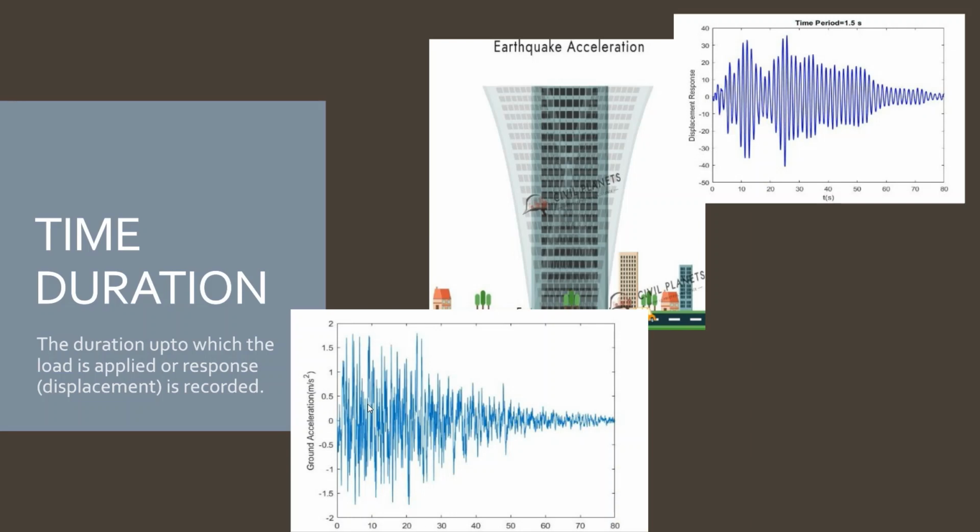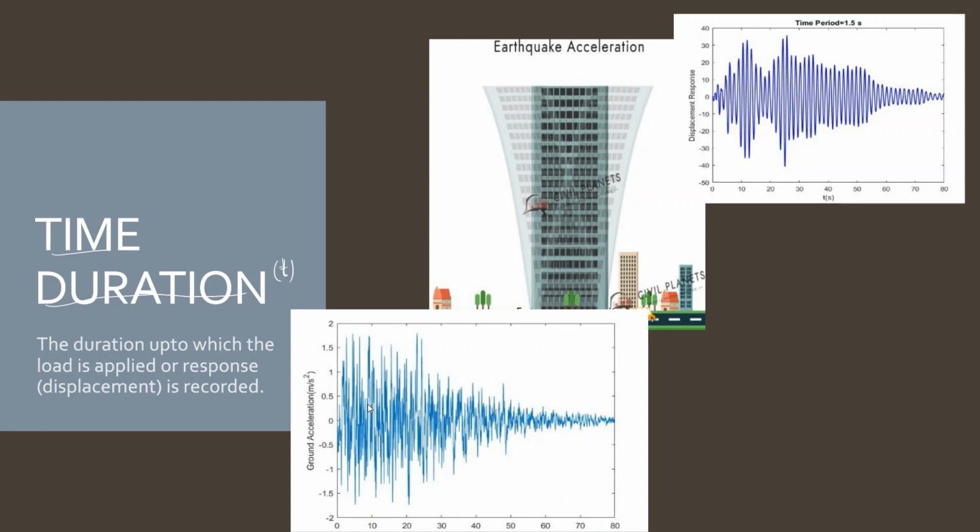Now there is one more term, the time duration. There is a difference between time period and time duration. For time duration, the symbol is small t. It is the duration up to which the load is applied or the response is recorded. Here we can see this is the ground acceleration, that is, the earthquake acceleration.